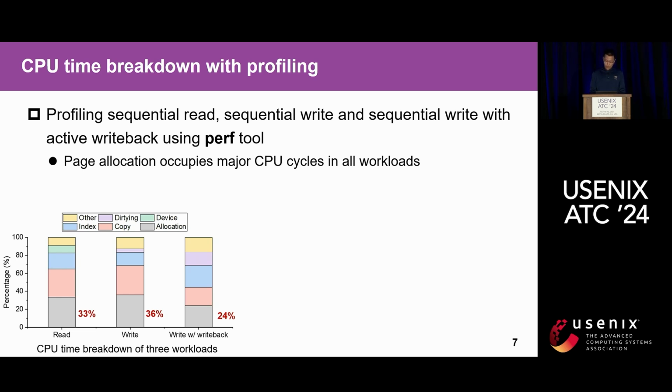Deeper analysis reveals that file scanning has a low data reuse ratio, and each page cache miss needs to allocate a free page from the kernel page allocator. The high overhead of page allocation hinders the buffered I/O performance. Secondly, we find that background writeback increases the page indexing and dirty ring overhead a lot.